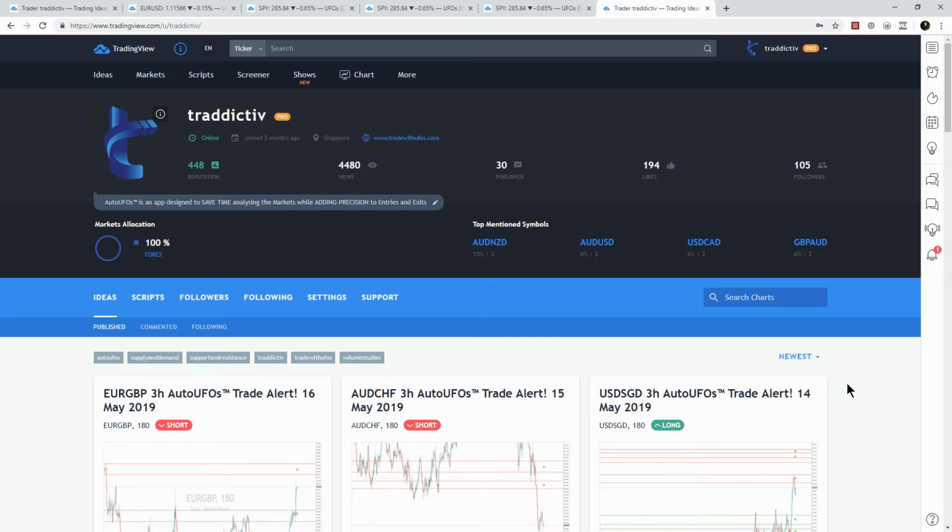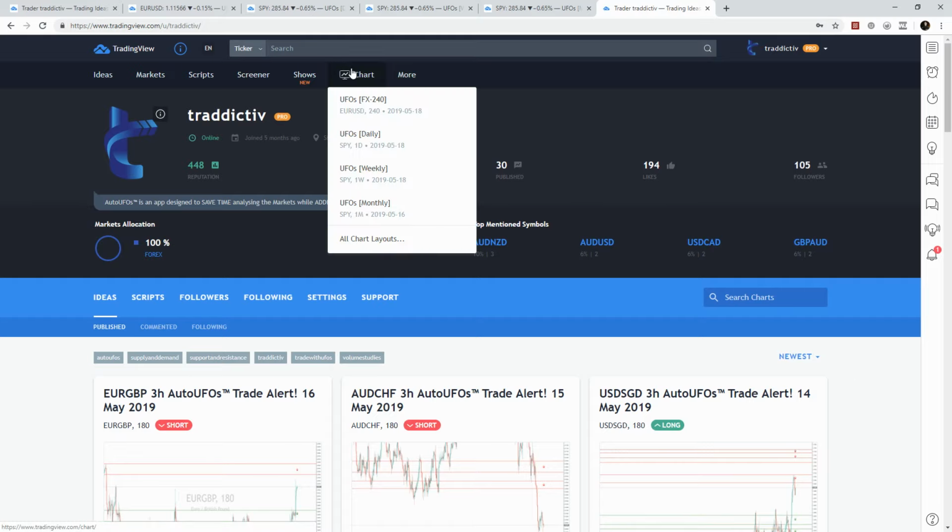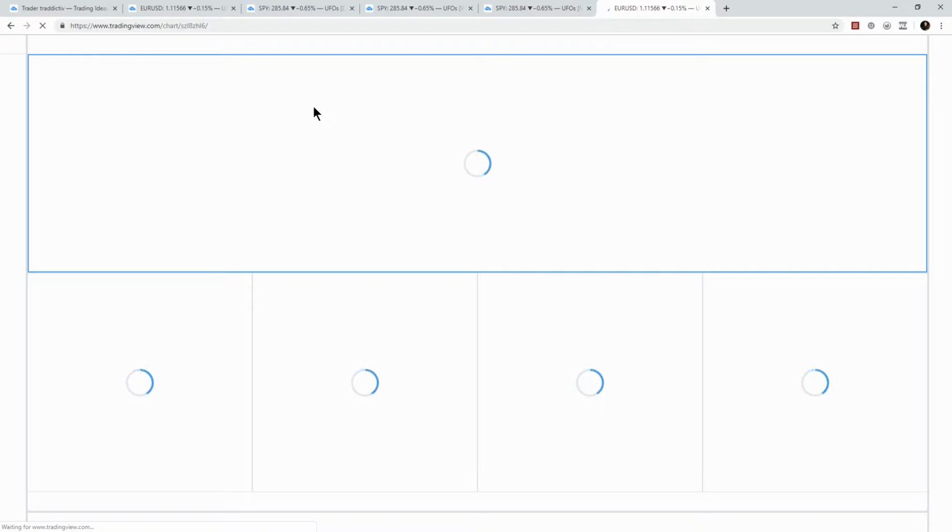No matter if you use the UFOs in TradingView or you don't, you still can get your basic access, which is free. Just in case you have not seen it, because many people have not experienced TradingView, let me tell you, it's amazing from many points of view, but the one I want to discuss now is the data feeds.